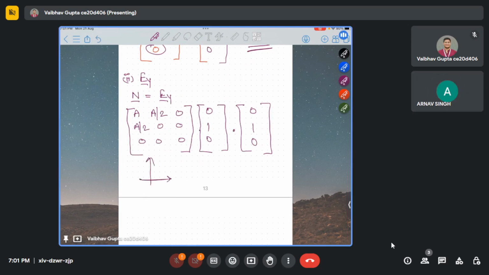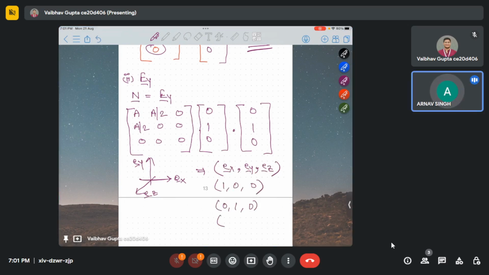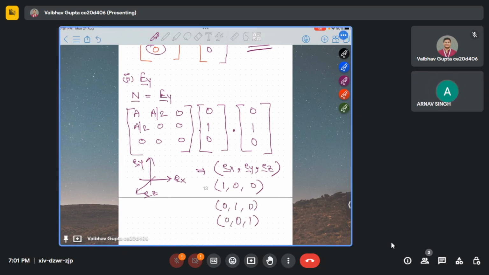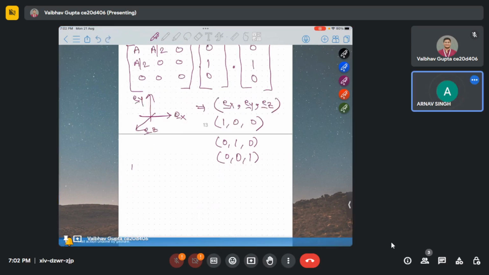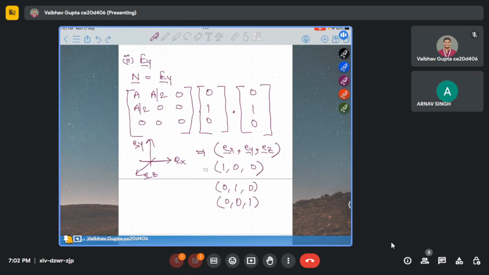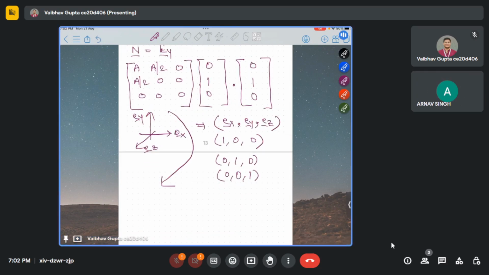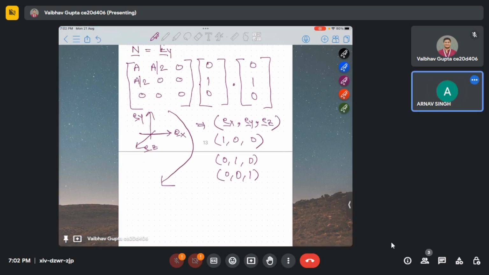As per our coordinate system we have EX, EY and EZ, so we'll define all the things with respect to these three vectors only. If only EX is given, it is 1 0 0. If EY is there, 0 1 0. If EZ is there, 0 0 1. If somewhere it is given differently, as in the third part, I'll show you.